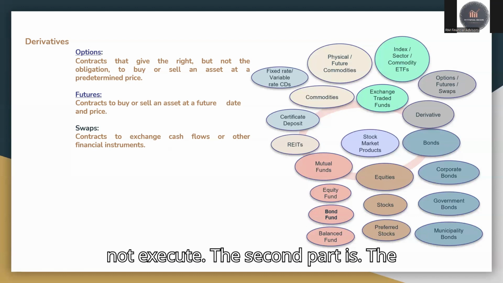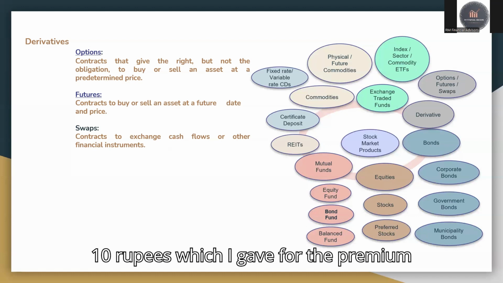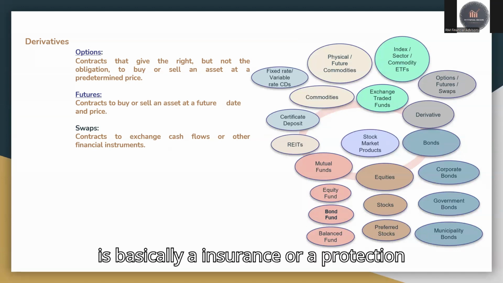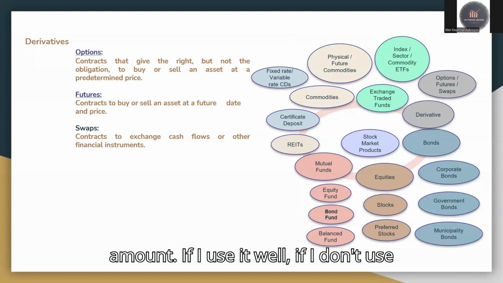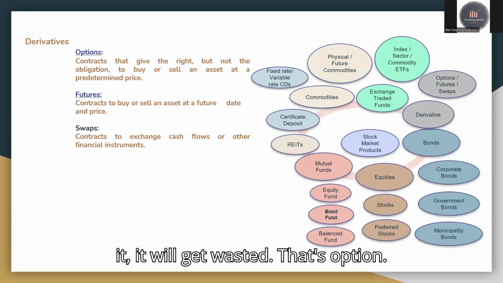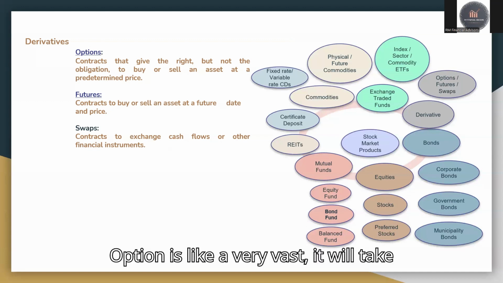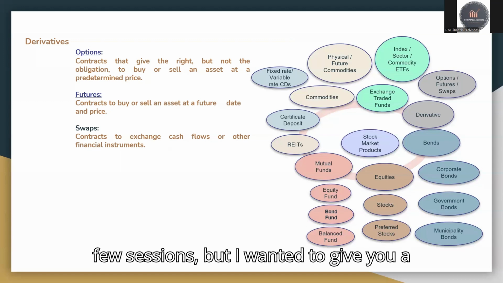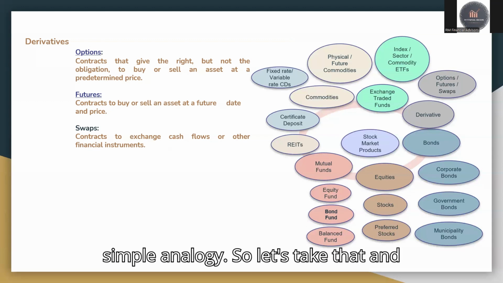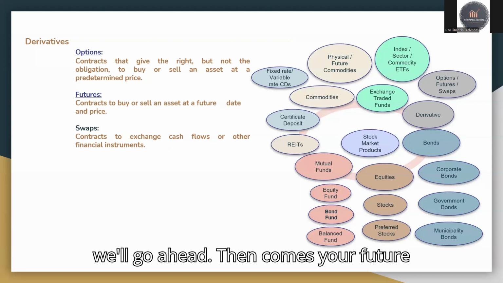Otherwise, I'll not execute. The second part is the 10 rupees which I gave for the premium, which is basically an insurance or a protection amount. If I use it well, good; if I don't use it, it will get wasted. Option is a very vast topic, it will take a few sessions, but I wanted to give you a simple analogy. So let's take that and we'll go ahead.